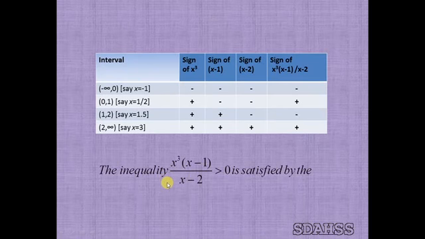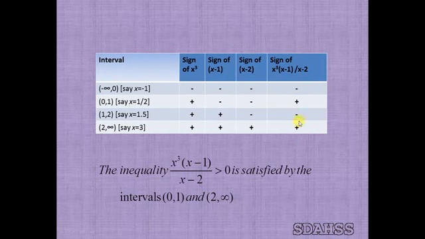Then the inequality x cube into x minus 1 divided by x minus 2 greater than 0 is satisfied by the intervals 0 comma 1 and 2 comma infinity. Here the greater than symbol is there. Greater than 0 means look at the last column and take down the positive values.